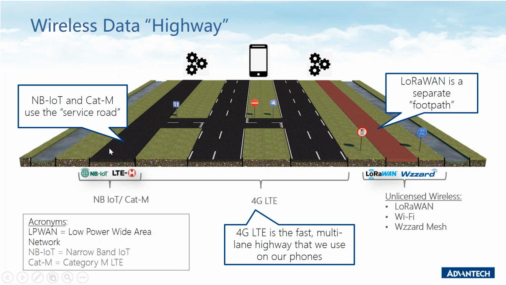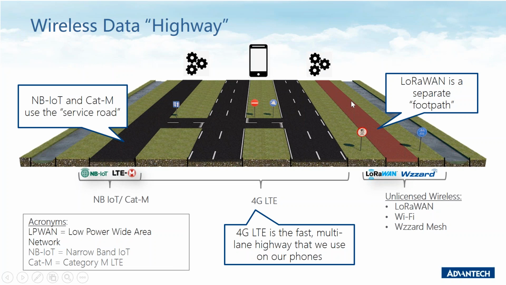Narrowband IoT is similar in that respect, probably more used for sensing applications. So that's all the carrier networking world, that black pavement there. The highway, the high-speed lane, and then the service road, which is lower speed and lower cost.